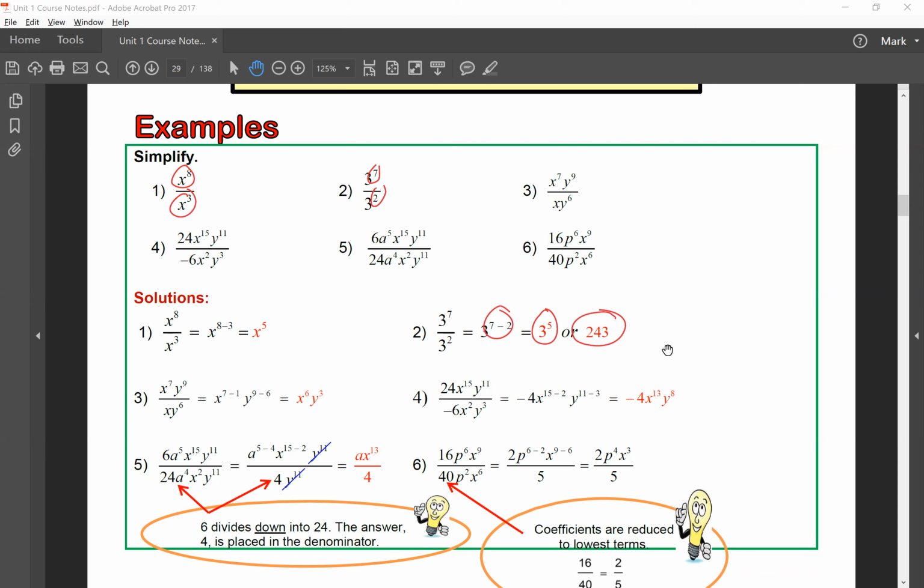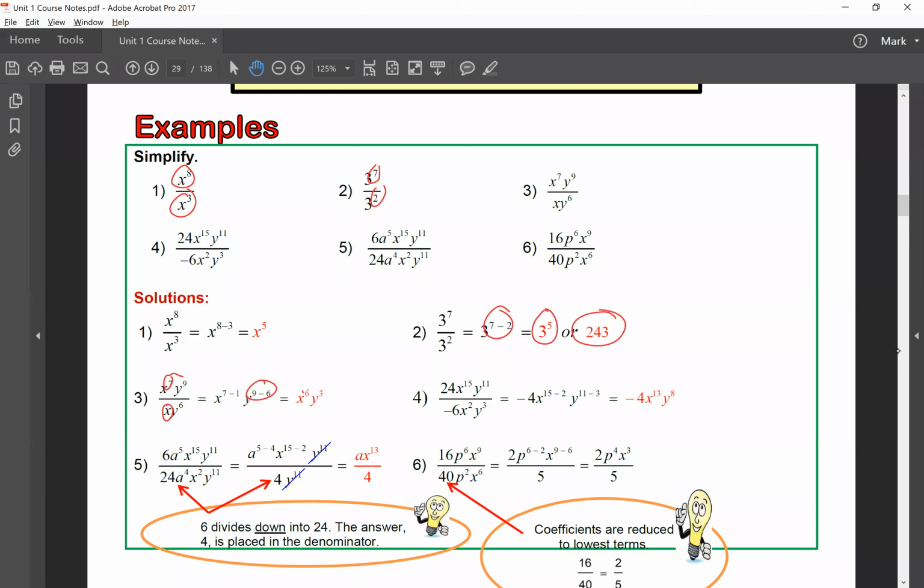I can, however, combine the two X's and the two Y's. So for number 3, I have X to the power of 7 and X to the power of nothing, which means a 1 is there. 7 minus 1 is 6. For the Y's, I have 9 on the top, 6 on the bottom, so 3. 9 minus 6 is 3, pretty easy.